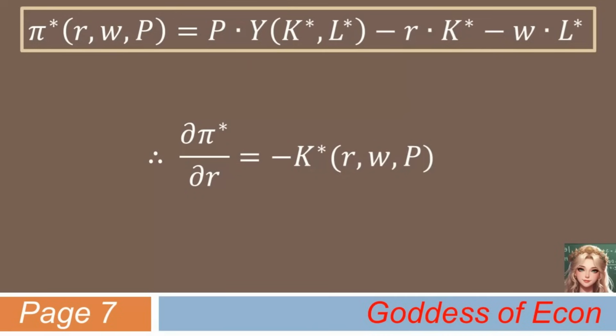In summary, by differentiating the maximized profit function with respect to R, this result says that you can get the demand function for capital right away. Well, to be exact, you get the factor demand function times -1. This is indeed quite a neat result. If you differentiate the profit function or the maximum value function with respect to the price of an input, you can derive the factor demand function for that particular input right away.